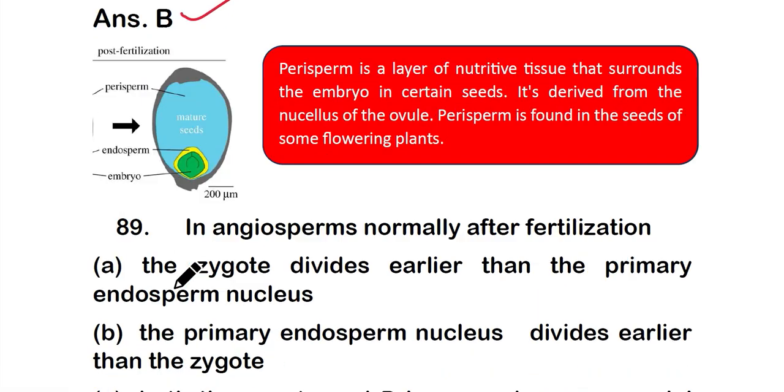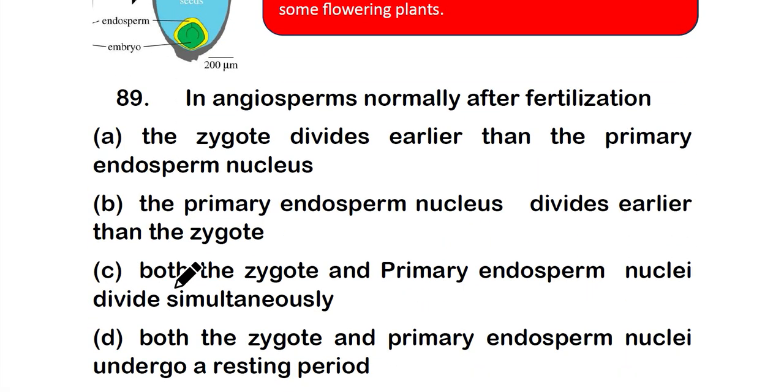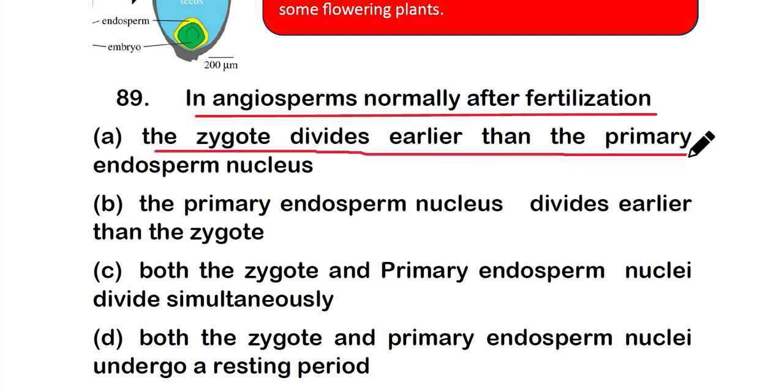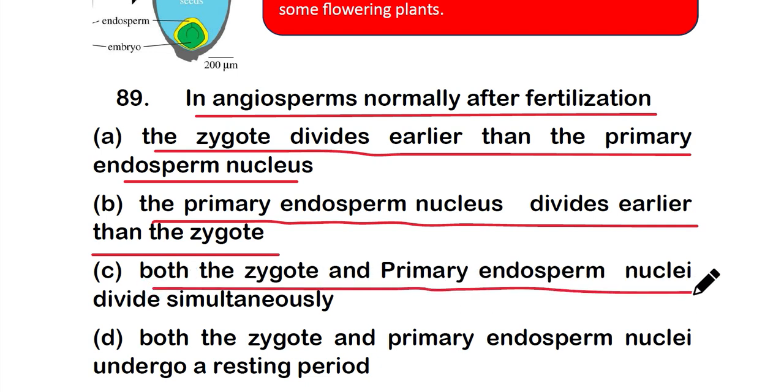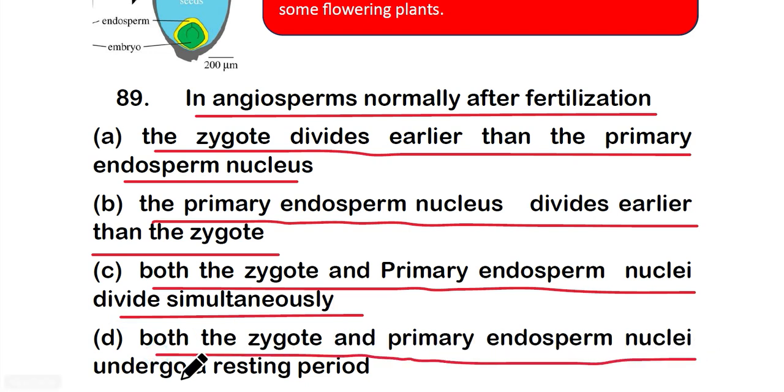Okay, so the next one is question number 89. In angiosperms, normally after fertilization: option A, the zygote divides earlier than the primary endosperm nucleus; option B, the primary endosperm nucleus divides earlier than the zygote; option C, both the zygote and primary endosperm nuclei divide simultaneously; or option D, both undergo a resting period.